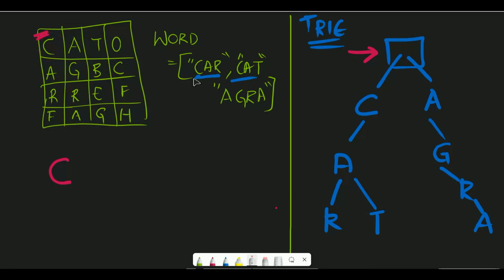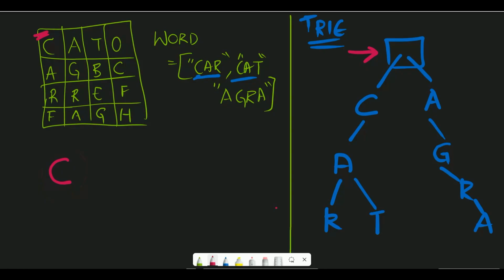Otherwise, if there is no element that starts with C, let's say E, we are doing all these steps in the hope that we'll find a word, but we'll never find it. So we can do that optimization using a trie very easily by just asking this question from the pointer: does any of its children have a character C? That's the question we ask. Now it does have, so it makes sense to do the traversal process.